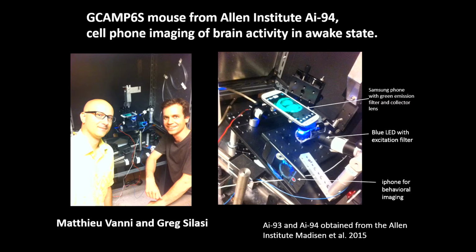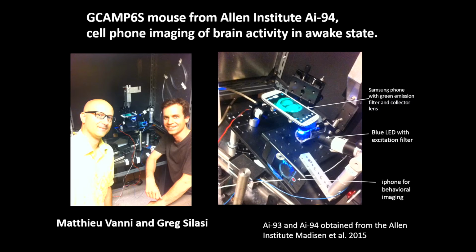And we got these mice, it's about 2 years ago now, and this is Matthew Vanni and Greg Silasi in the lab, and they're smiling here because we just got the new Allen Institute mouse. It was the right genotype, and the signals were so large that they thought that they could image it with their cell phone. They'd never seen anything like this.